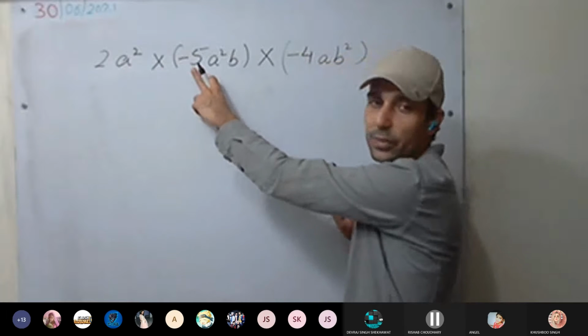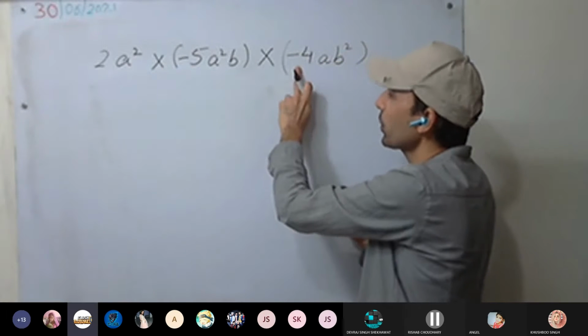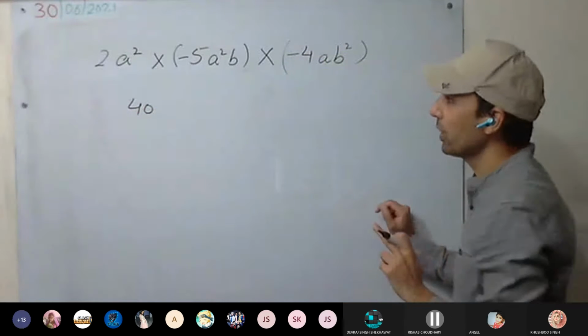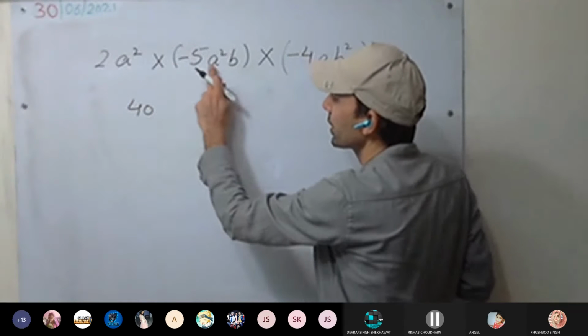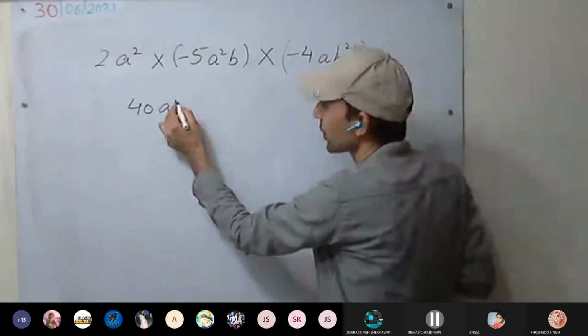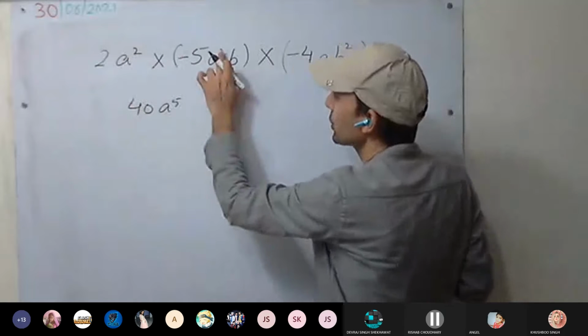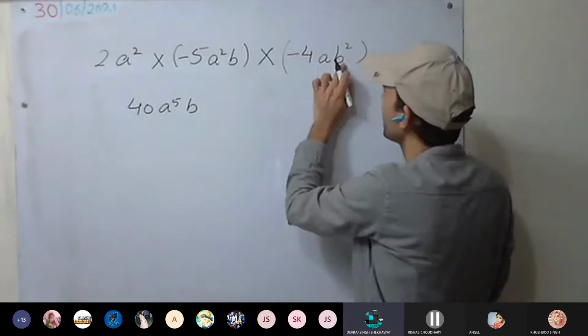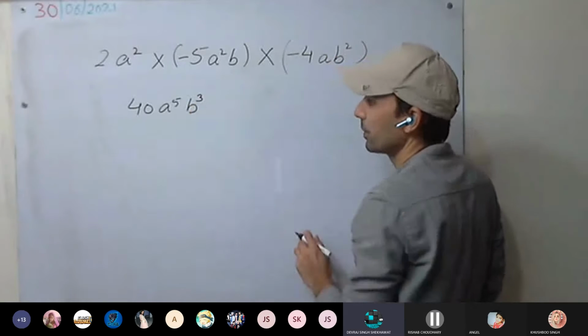2 into minus 5 is minus 10, minus 10 into minus 4 is 40. Now a squared, a raised to power 4, will be into a raised to power 5. You can do 2 plus 2 plus 1, that is 5, and b raised to power 1, b raised to power 2, so total 3.